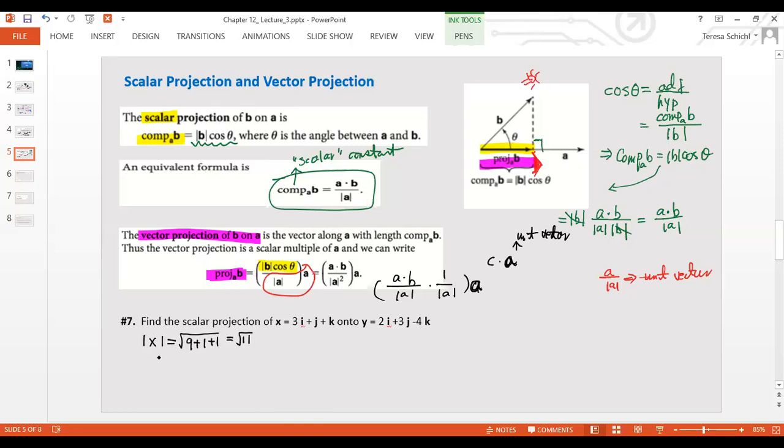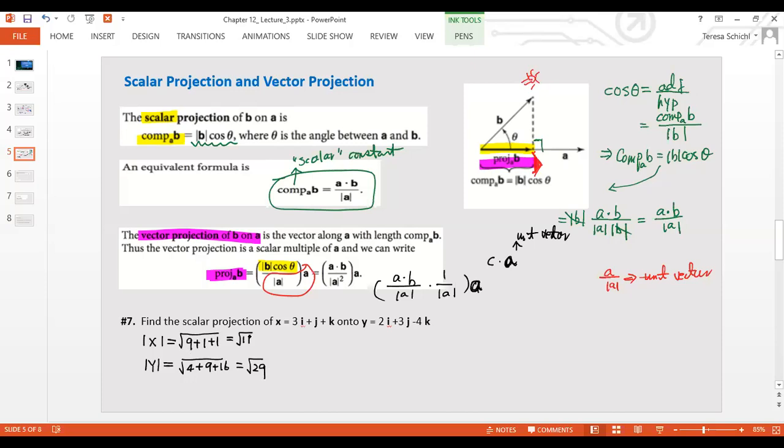Then I also need to find the length of y. So this is 4 plus 9 plus 16, correct? So it's the square root of 29 here.